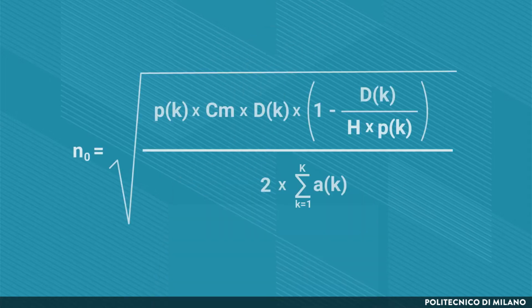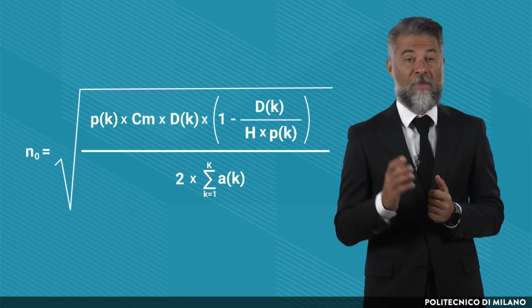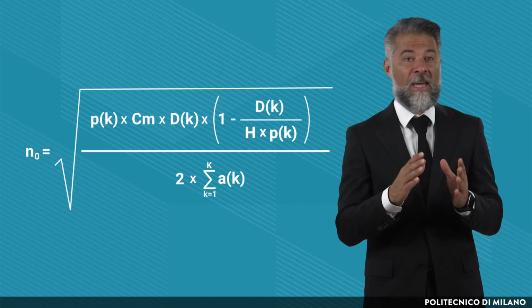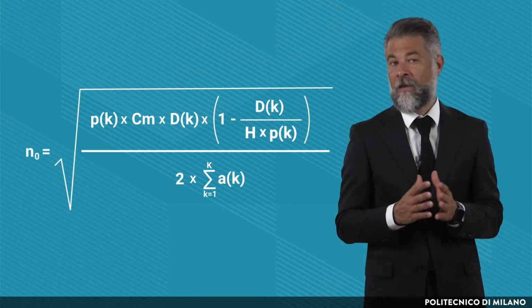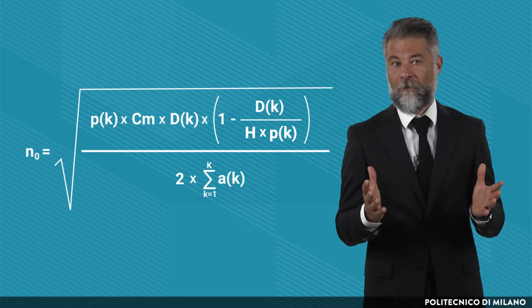By summing up all the costs, taking the first derivative with respect to N0, equaling the derivative to 0, and solving the equation with respect to N0, the optimal number of campaigns is obtained as follows. The similarity with the EOQ formula in case of a finite production rate is manifest.